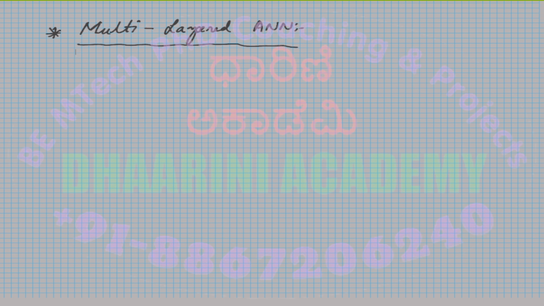But how do you do the training associated with the hidden layers? There has to be some technique, correct? You have to find some technique to update the weights of the hidden layers, because so far the delta learning rule updated only one layer, the final layer. There was only one layer, that itself was the final layer, obviously. But if you try to apply the delta learning rule to a multi-layered neural network, it will update the weights of only the final layer.